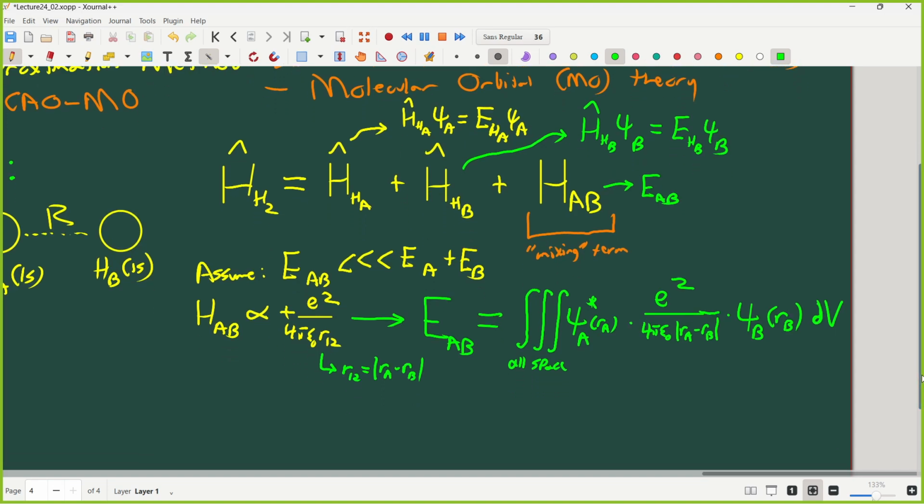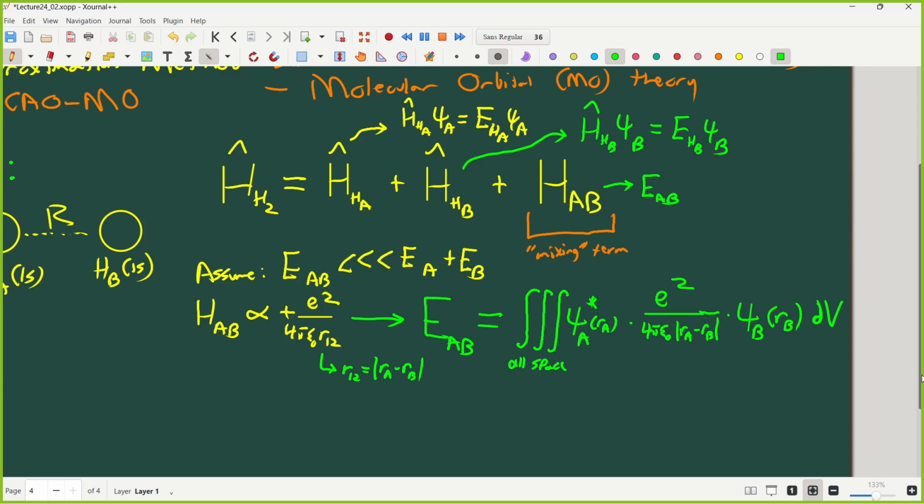So this is just like what we do in the midterm. In the midterm, the way that we calculate the intensity of our transition between two states is we took our intensity operator, our dipole, and measured the average value of the dipole across the two states. So we're doing the same thing here, except our two states are two different atoms with two different electrons. And we're measuring the average repulsion between them.